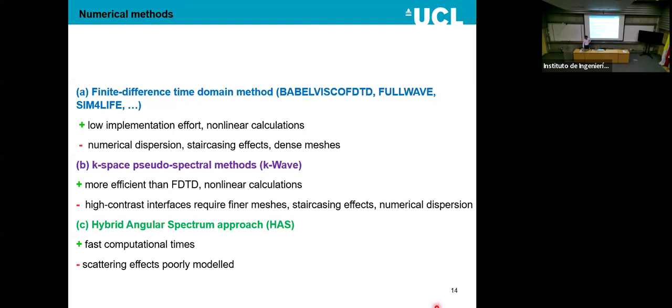We have a hybrid angular spectrum approach, which is generally a one-way propagation approach, and that's fast, but it poorly models the near fields. You can get reasonable estimates out of it, but in my opinion it's not to be used as a tool if you require accurate predictions everywhere in the field.